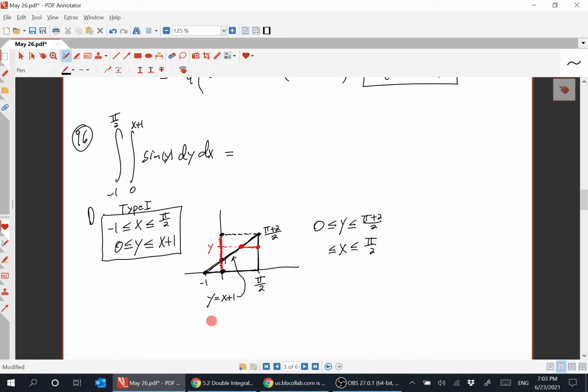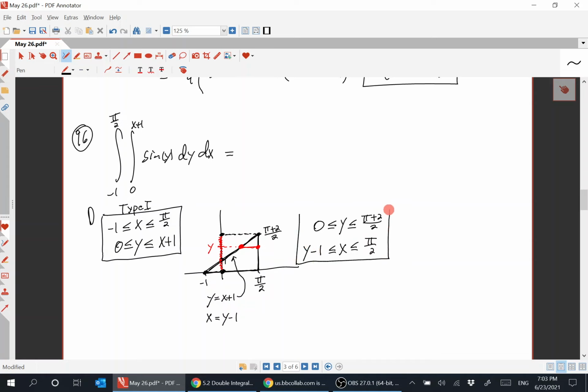If you solve for x, this is x equals 1 minus y, or no, sorry, y minus 1. Right, x equals y minus 1. You subtract 1 on this side. So the lower bound for x is y minus 1.